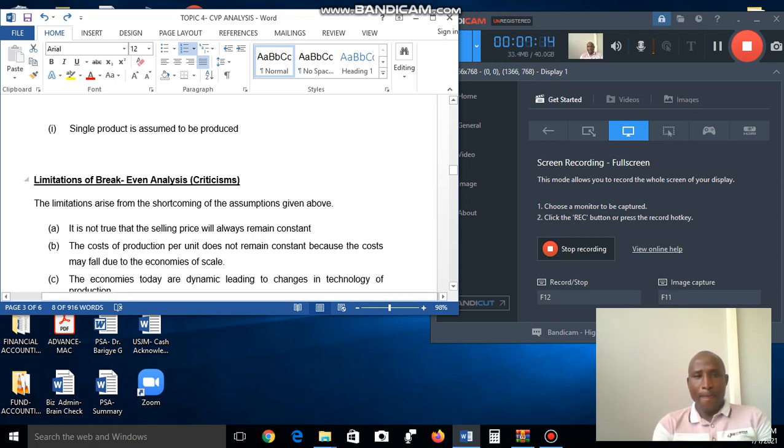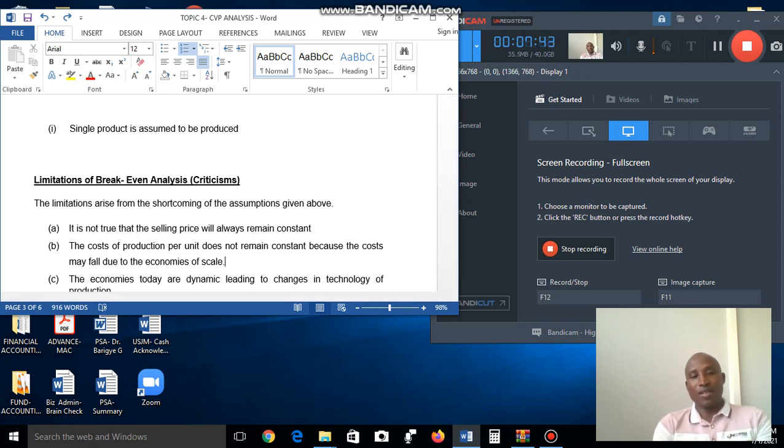Limitations of break-even analysis, we have number one, it is not true that the selling price will always remain constant. That is, the price cannot remain constant. This is true. Then two, that the cost of production per unit does not remain constant, because the costs may fall due to economies what? Due to economies of scale, which is true.